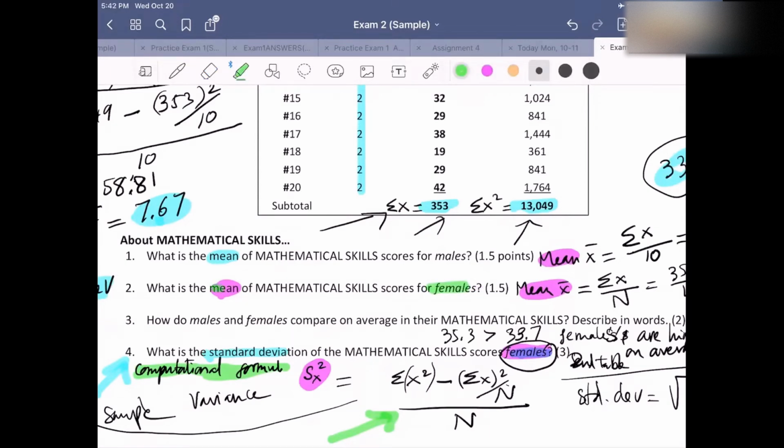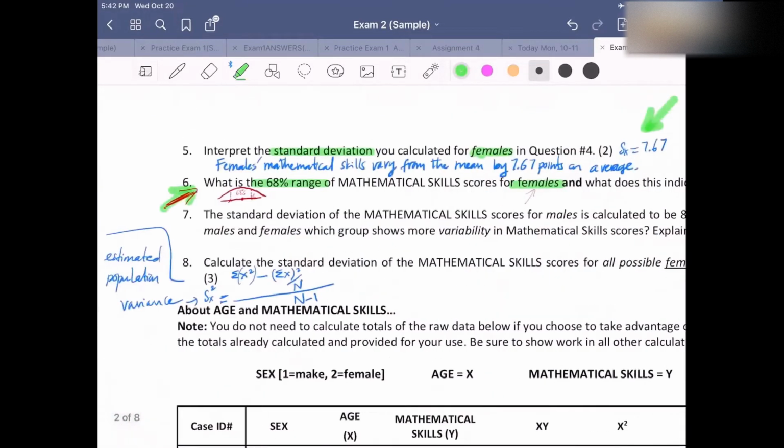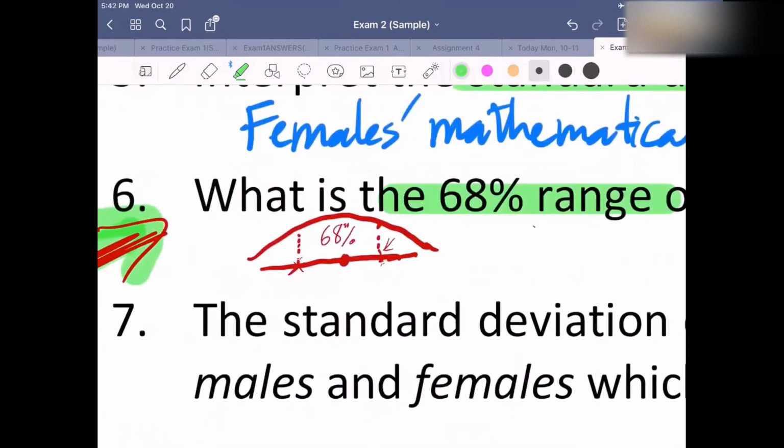And we're looking for the mean, okay? And you found it last time to be 35.3, okay? Is that right? So 35.3. So the mean is 35.3, which is the mean, okay, of females' scores.